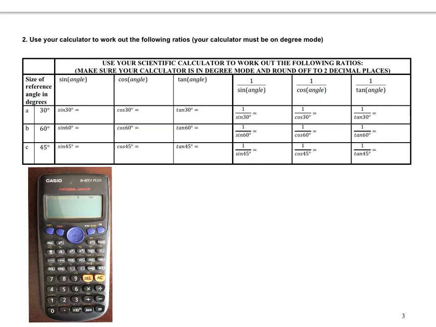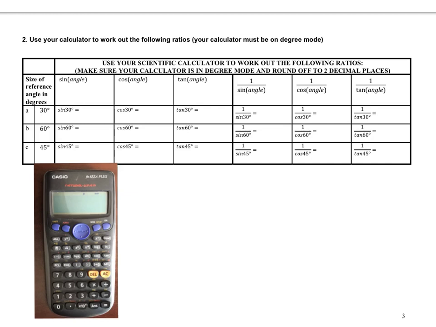Okay, so in the second part of activity 1, you will see that there's "use your calculator to work with the following ratios." Calculator must be in degree mode. If you're not familiar with that, it's probably best to have a CAS calculator. I think it's much more user friendly than some of the other models. There must be a D there for degree mode on the top.